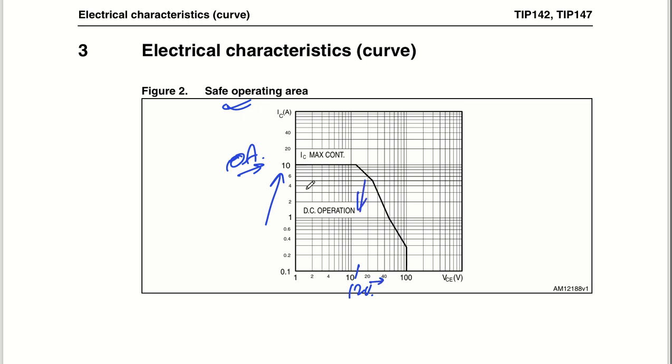Let us say you are going to work with 5 amperes, it can work up to around 24 volts. If you cross this, this is 5 ampere, so the corresponding voltage rating will be 24 volts. So you have to make sure your DC operation stays inside this safe operating area. This is the main understanding.